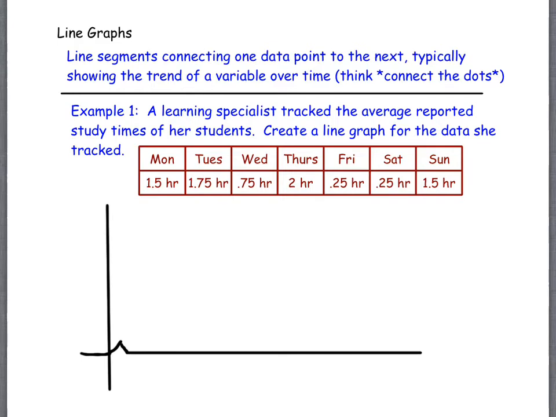So down here on the graph, we're going to have each of my marks as Monday, Tuesday, Wednesday, Thursday, I'm abbreviating now, Friday, Saturday, and Sunday. Again, they need to be roughly equally spaced. Don't go sticking things too close together or too far apart.